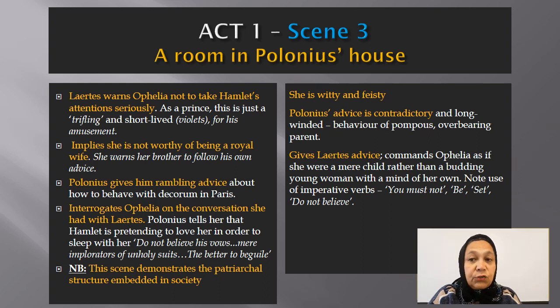Now that suggests to us that he spies on her, and he tells her that Hamlet is only pretending to love her in order to sleep with her, because he says, do not believe his vows, they are mere implorators of unholy suits, the better to beguile. So Hamlet's unholy suit then is basically to seduce Ophelia.